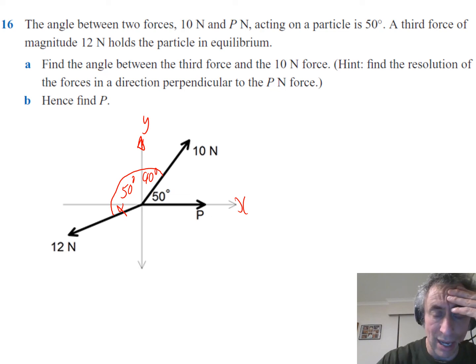Now, as suggested, it's in equilibrium, so the resultant force has 0i and 0j components.